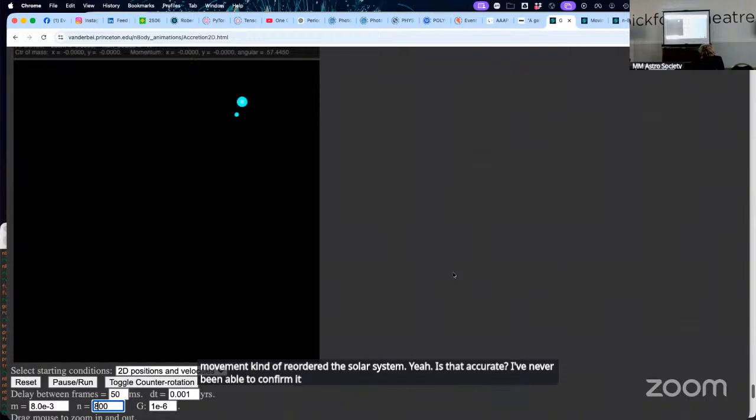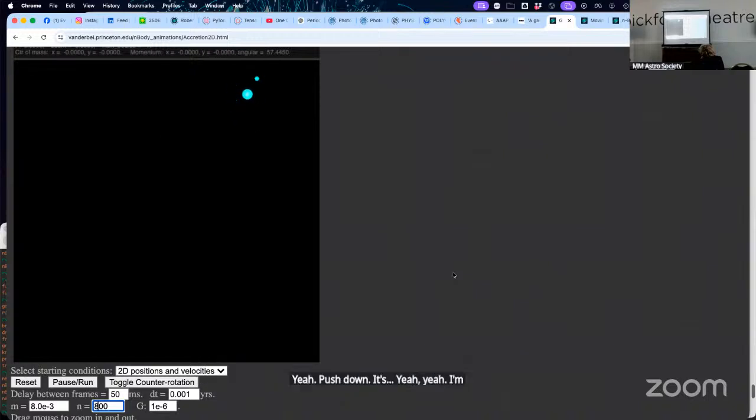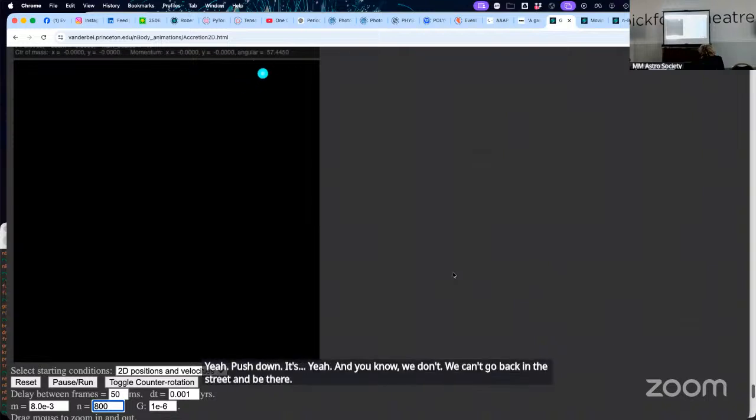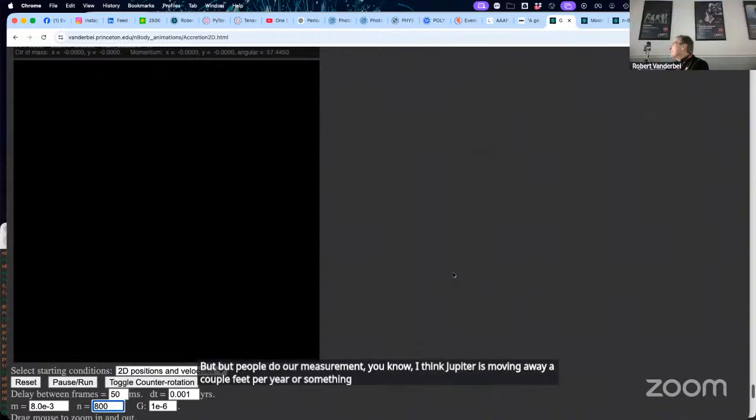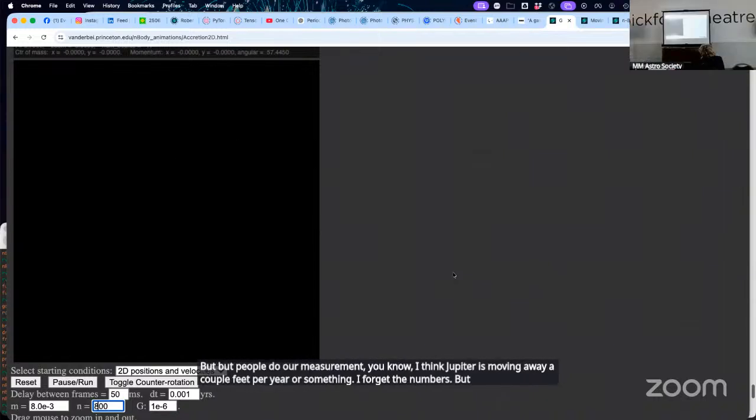These are theories, and we can't go back in history to be there. But the people who do our measuring, I think Jupiter's moving away a couple feet per year or something. I forget these numbers. Maybe that's how fast the moon's moving around Earth. But people are measuring these changes in positions, and so it is real.